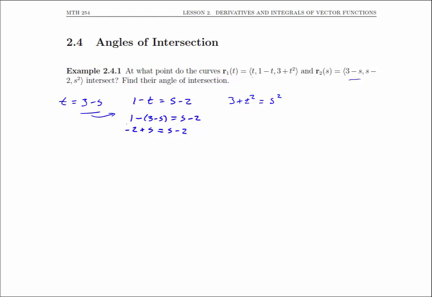So instead of doing this, let's plug 3 minus s in over here. The reason I'm saying that is this isn't going to give us information about what s or t need to be, because the x and y always match because of this tautology.